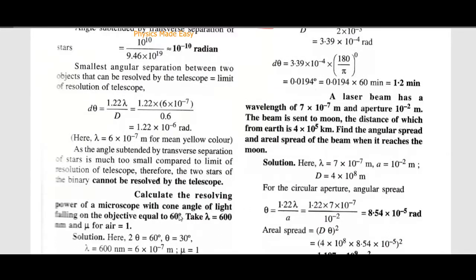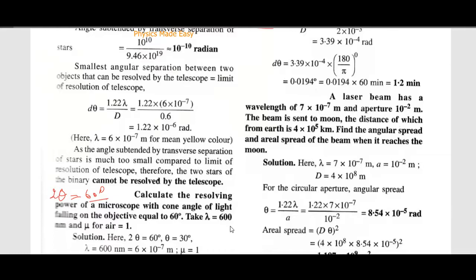Calculate the resolving power of microscope with cone angle of light falling on an object is 60 degree. Cone angle is 60 degree. It means this is a microscope. Now in this case, cone angle is given to be 60 degree.